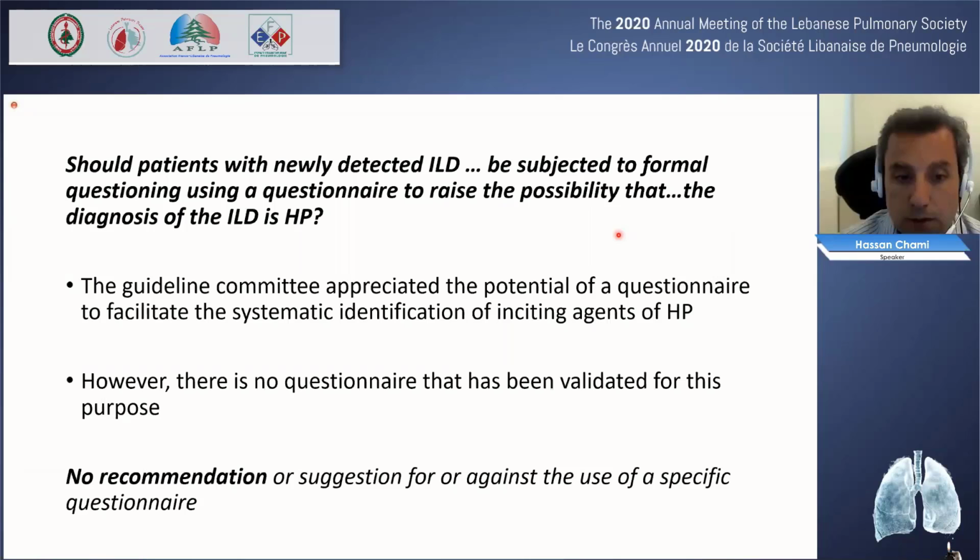However, there was not a validated questionnaire that they found, so they made no recommendation for or against use of any specific questionnaire that's been reported in the literature, because they're not validated.